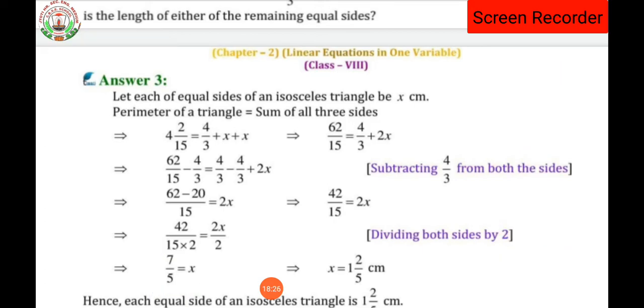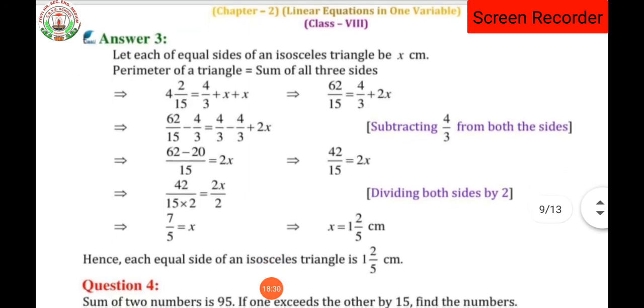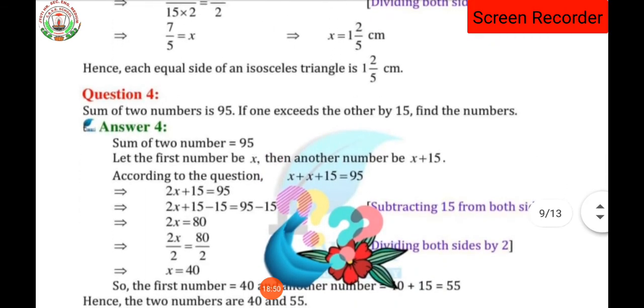So dear student, अगर आप 7 upon 5 value of x को mixed fraction form में change नहीं करते हो तो भी आंसर राइट है. Don't worry about that. Okay, if you are going to leave 7 upon 5 as the answer, that is also correct. If you are going to change it into a mixed fraction form, that is also correct. Clear? Now one more question we are going to see here.